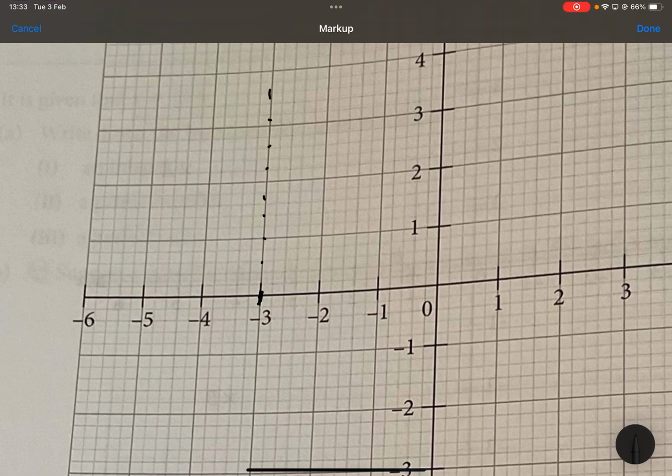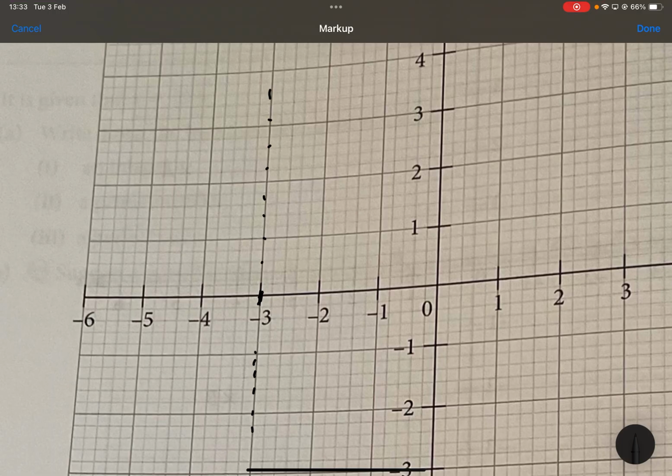But I don't know the high and the low. If I only know the left and the right, it can be anywhere along this line that I'm drawing with my laser pointer. But now I have a specific high and low.